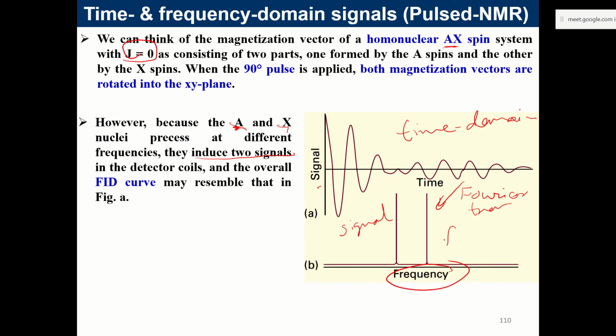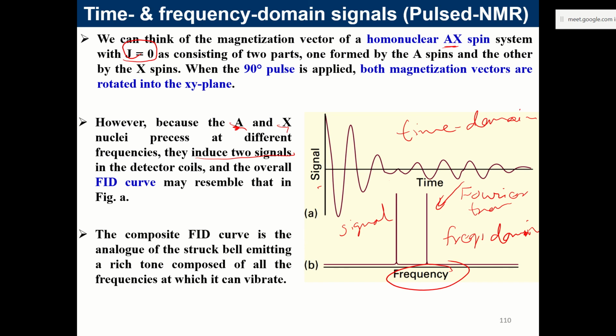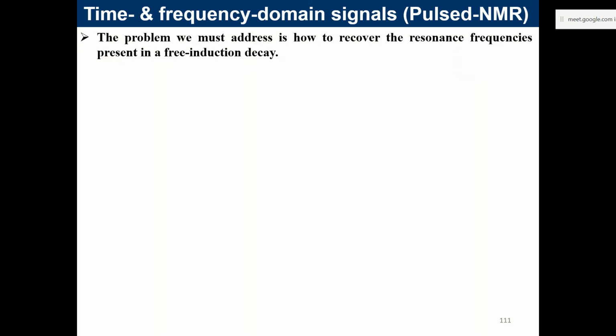This is the frequency domain, which is being converted, that is, you are able to resolve the mixture, the pulse which was containing 2, 3, 4, 5 and many more waves together in one pulse. Now you are able to segregate them, to resolve them into two components, or if the components are more, you have to do that all the way. You will have to resolve into components, analyze it, and get the data in this form.